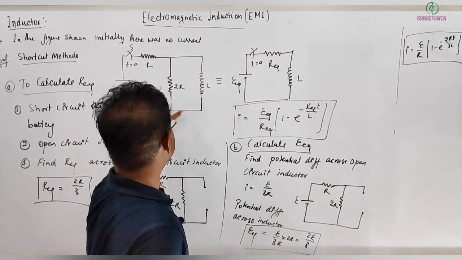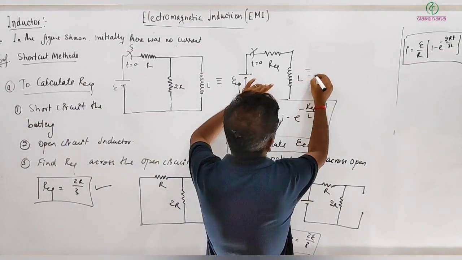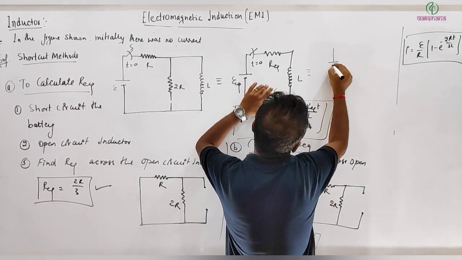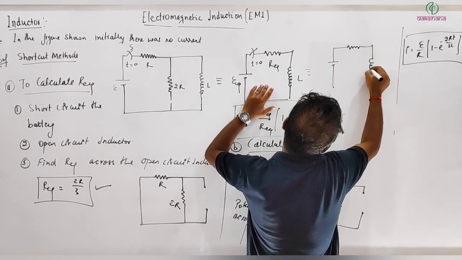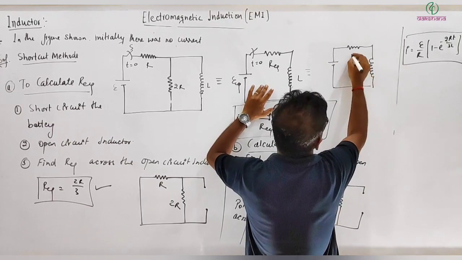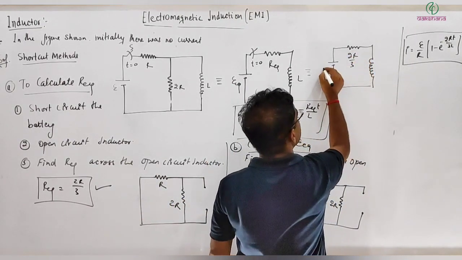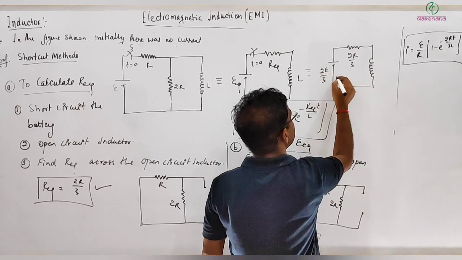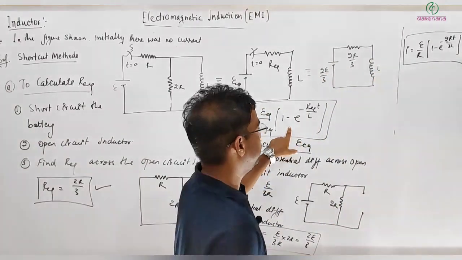Clear? So now this circuit can be reduced this way, equivalent to E equivalent, R equivalent, and the inductor. So this is R equivalent 2R by 3, E equivalent 2E by 3, and this is L. Substitute everything here.